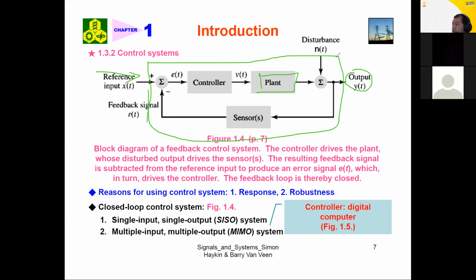This output is usually interfered with, or affected by, noise, and then this output will be used to make a correction.